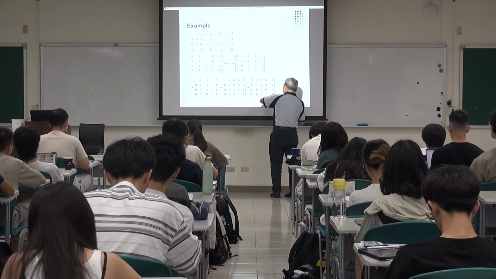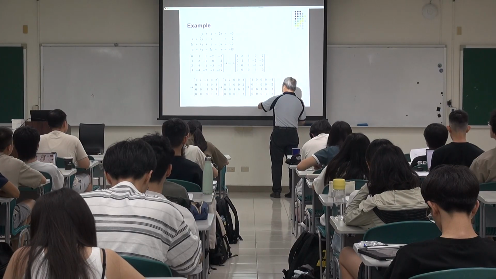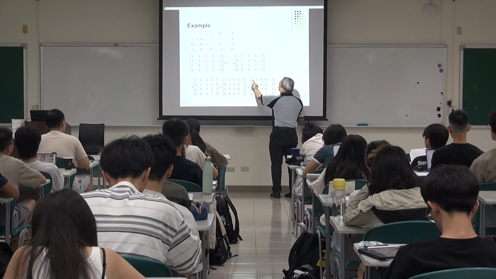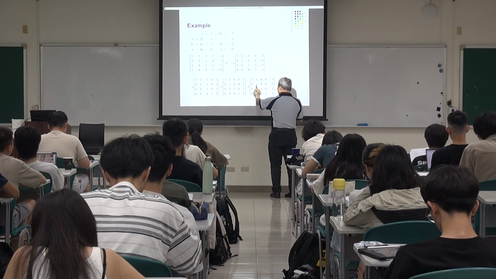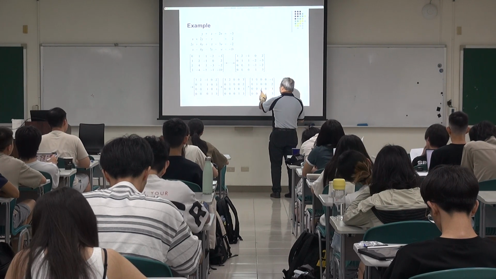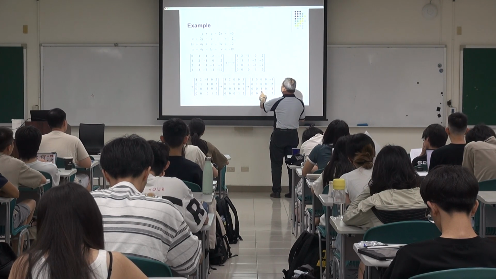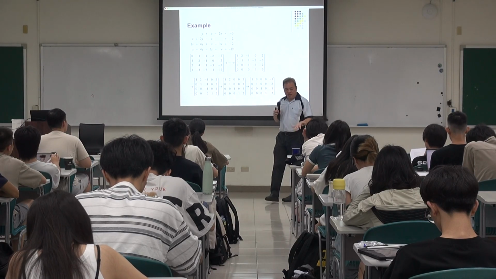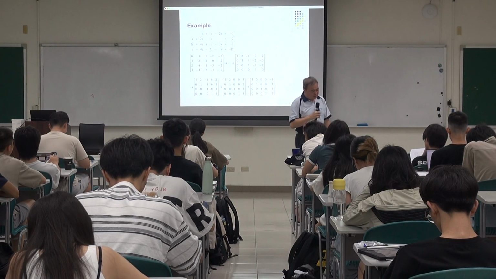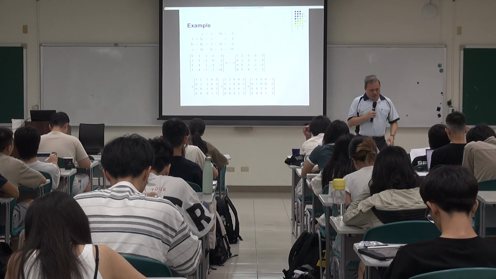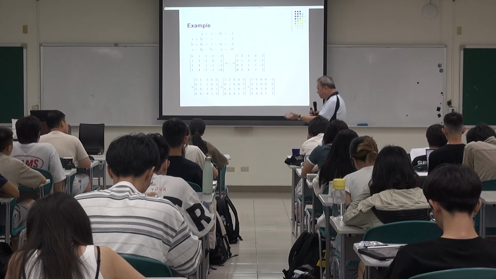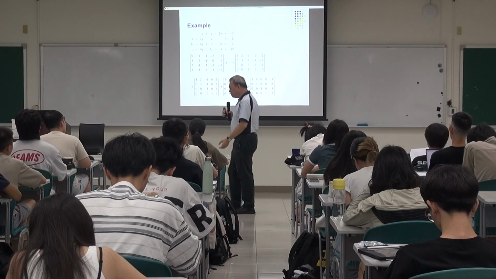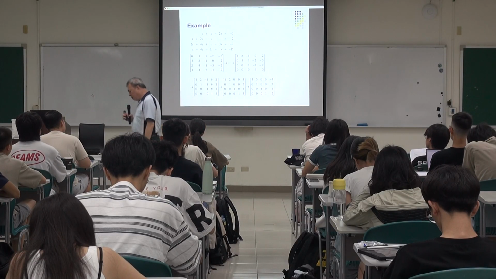Once you have this, obviously x is -1, y is 2, z is 1, and w is 3. So we can get the answer directly. No backward substitution is necessary anymore.